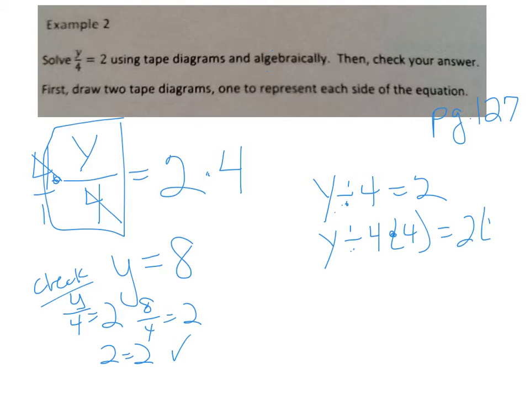And again, we would multiply the other side by 4, both of them having 4. Divided by 4 times 4 leaves us with a value of 1. 1 times y leaves us with y, or y divided by 1 would be y either way. And 2 times 4 equals 8. So we get the same value both ways.